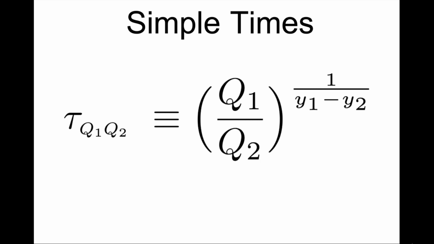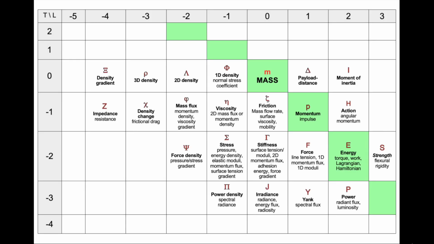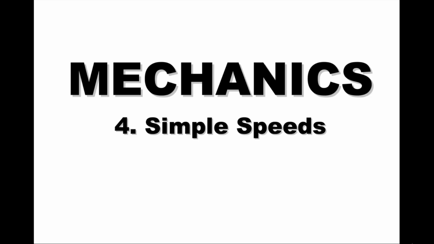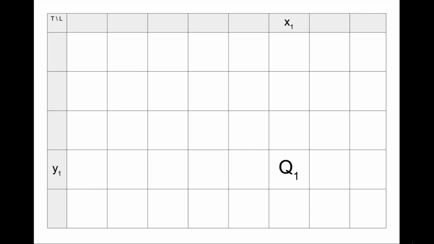Today we're going to talk about quantities on the same diagonals of slope -1, like mass, momentum, and energy. Ratios of these quantities produce simple speeds. Take a first quantity Q1, with space exponent x1 and time exponent y1. Let's highlight the diagonal of slope -1 passing by Q1.